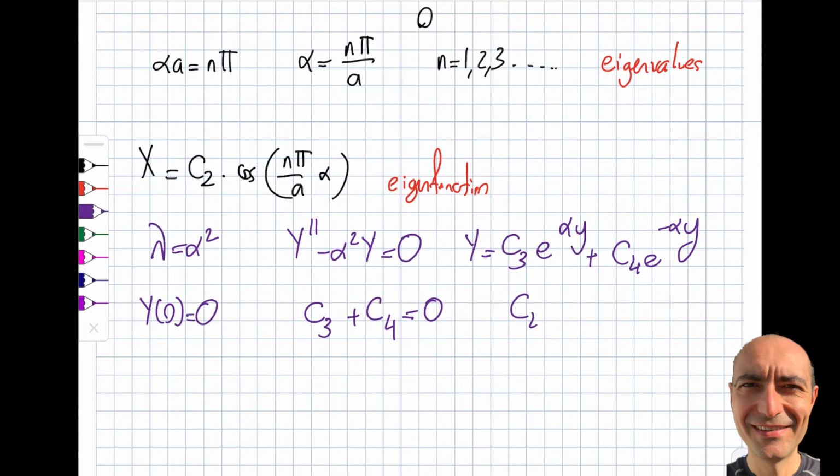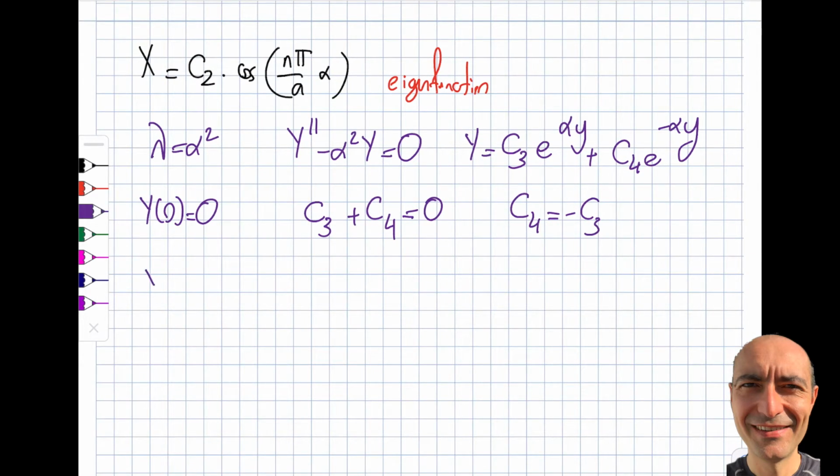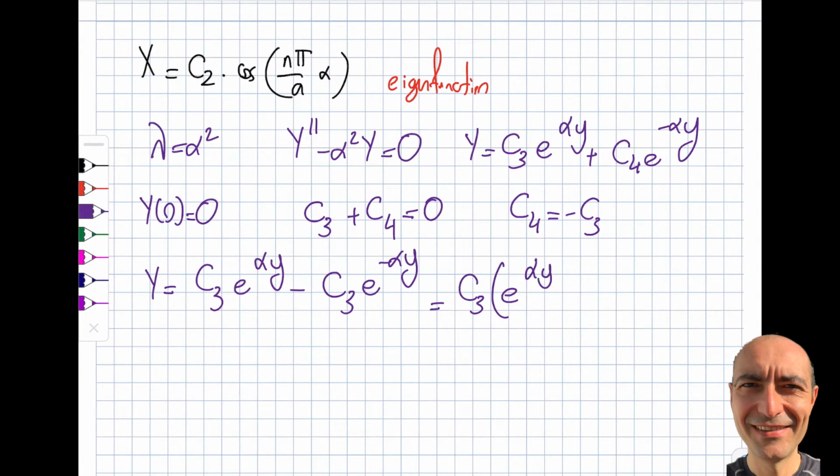So I get myself c4 is equal to minus c3, or other way around will work just fine too. So I'll have my y to be c3 e to the alpha y minus c3 e to the minus alpha y, and I have c3 in parentheses e to the alpha y minus e to the minus alpha y.